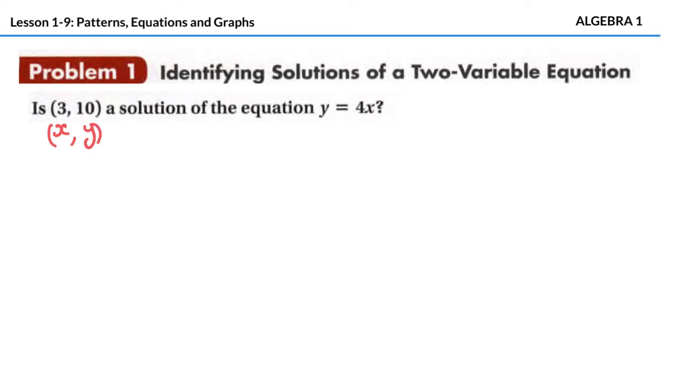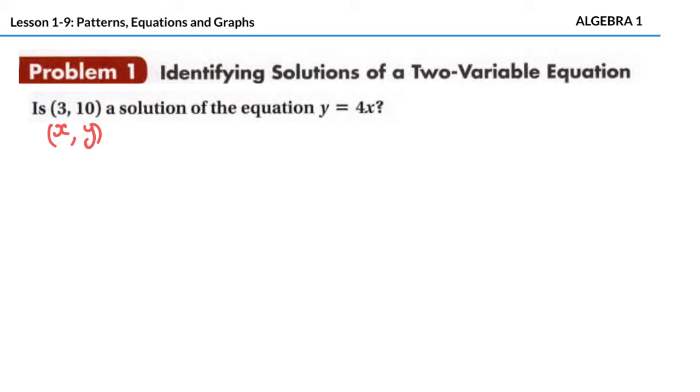Now how to figure out whether (3, 10) is a solution of this equation? Very simple. Substitute the value of x in place of x in the equation and substitute the value of y in place of y in the equation and see whether the equation is true.